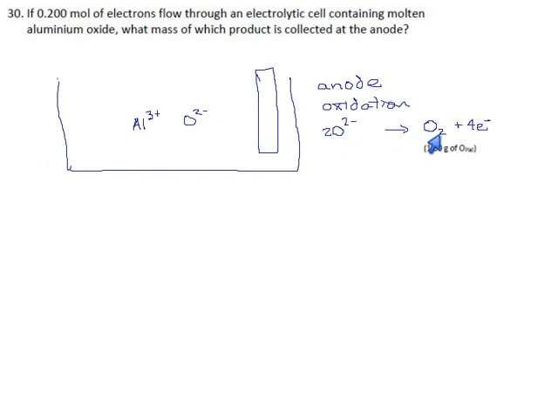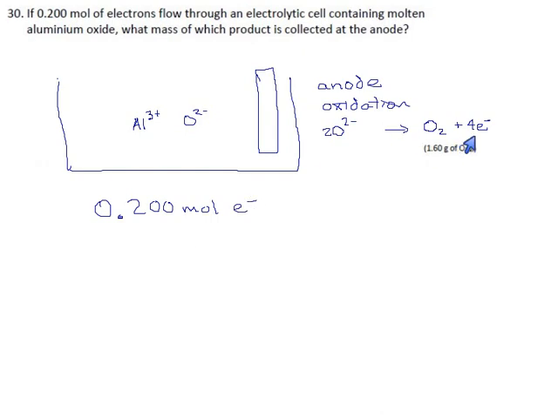And then I balance this by saying there have to be 2 oxygen atoms on each side, and the charge has to balance also. We know we can balance charge by adding electrons. So now that we know all that, they're saying we have 0.200 moles of electrons.